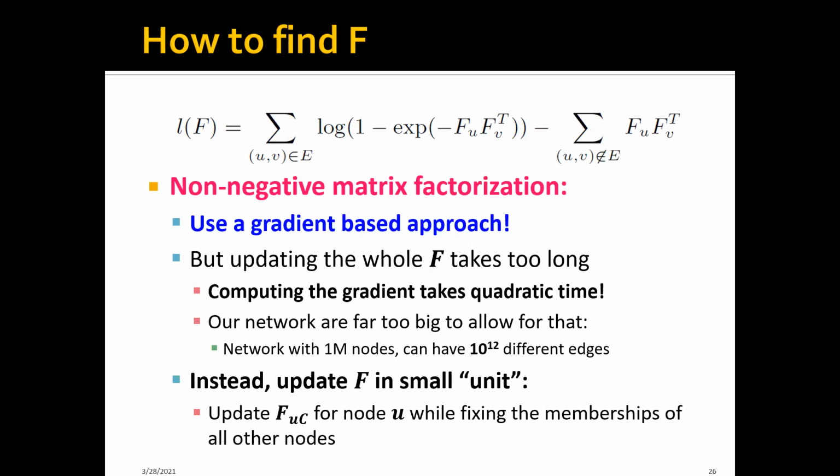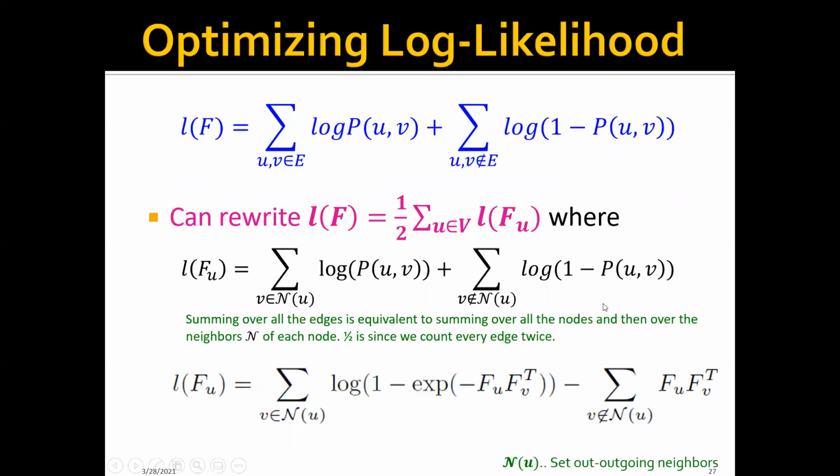So instead, we choose to update F in small units. So for example, we can update this FU for node U while fixing the memberships of all other nodes. And interestingly, we find that we can actually rewrite this log likelihood function as 1/2 times the sum of L of FU.